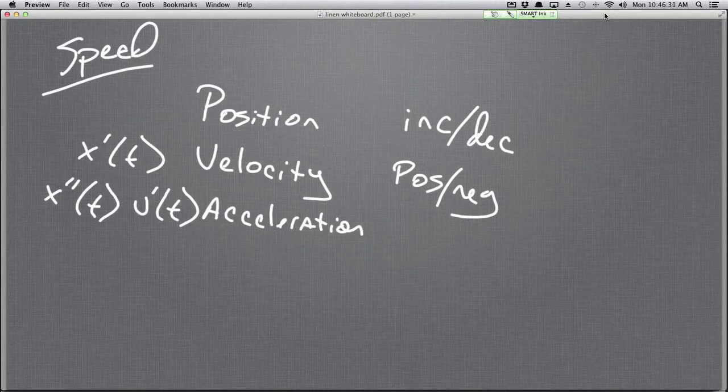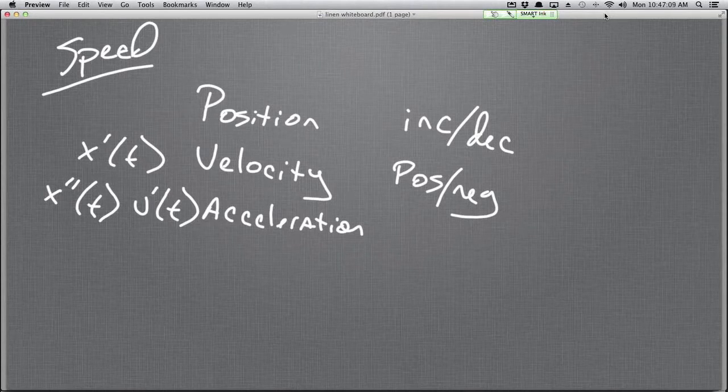Okay, you are correct. Now let's talk about the relationship between velocity and acceleration. If I'm in a car, what can I think about if I'm thinking about acceleration? There's two things I can think about: the gas pedal and the brake pedal. If I'm pressing on the gas pedal, what's my acceleration? It's positive. If I'm pressing on the brake, my acceleration is negative. So go back to acceleration.